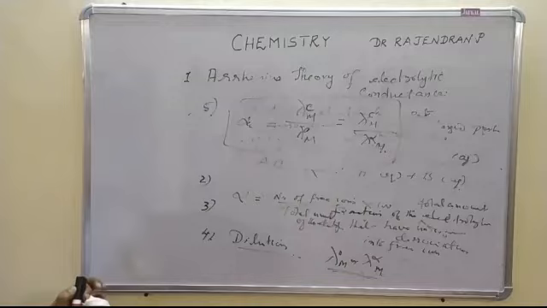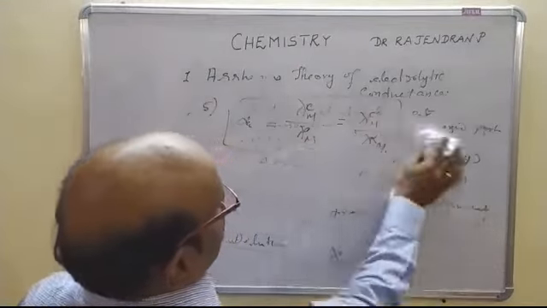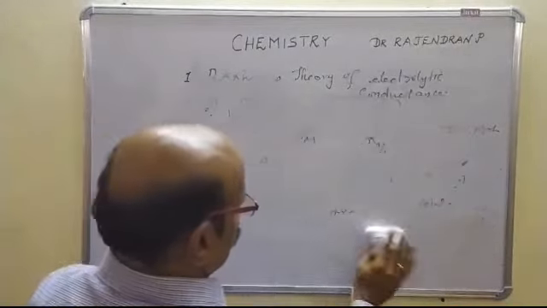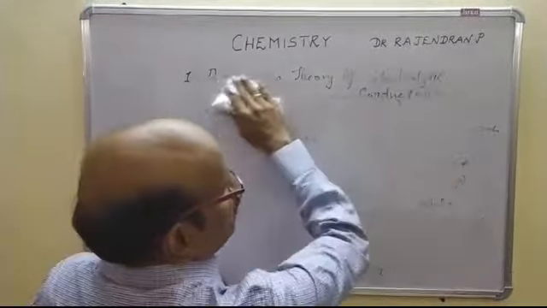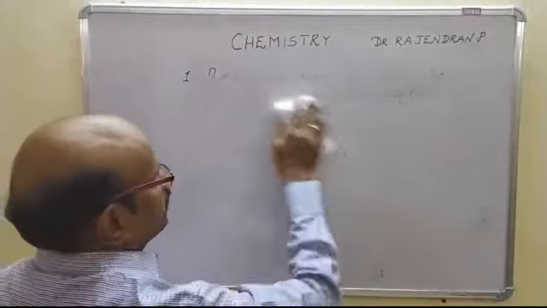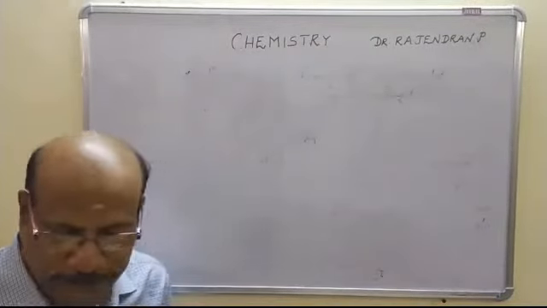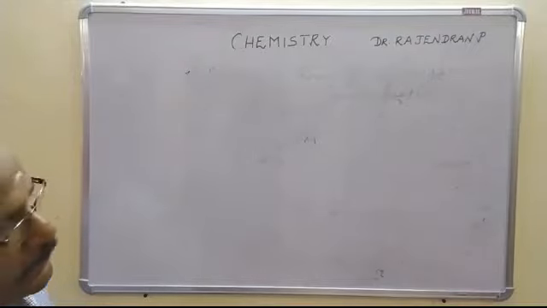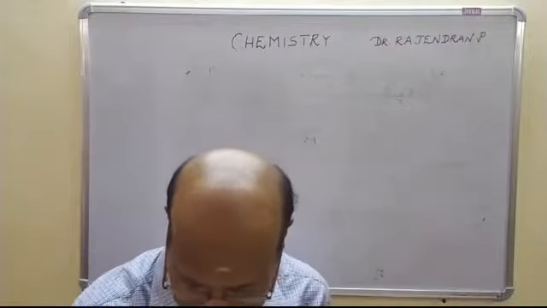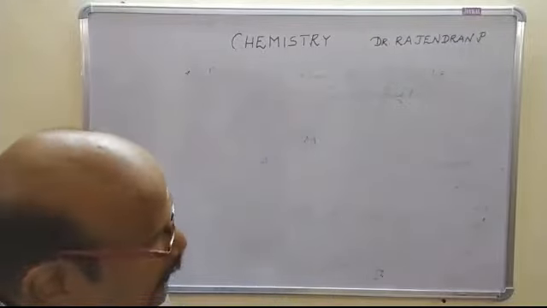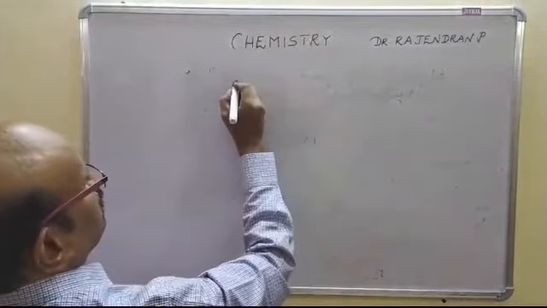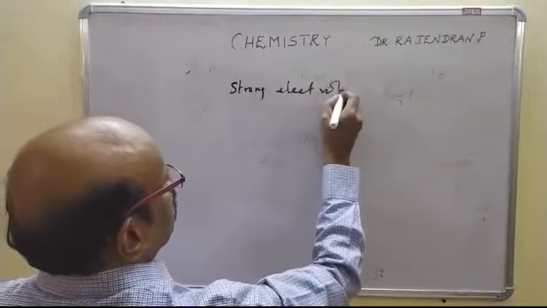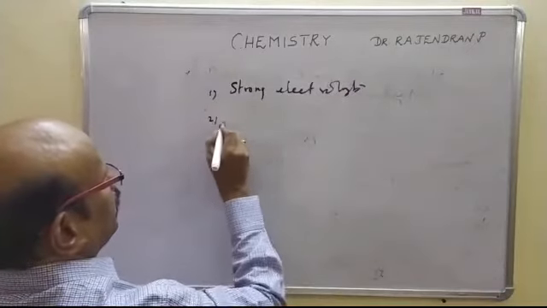This is considered as the basic concept of Arrhenius theory of electrolytic dissociation. Based on this theory, we can look into the conductance behavior of the two types of electrolytes, strong electrolyte and weak electrolyte.